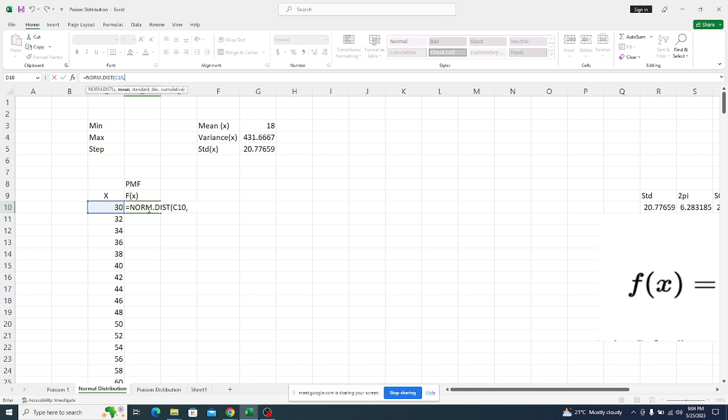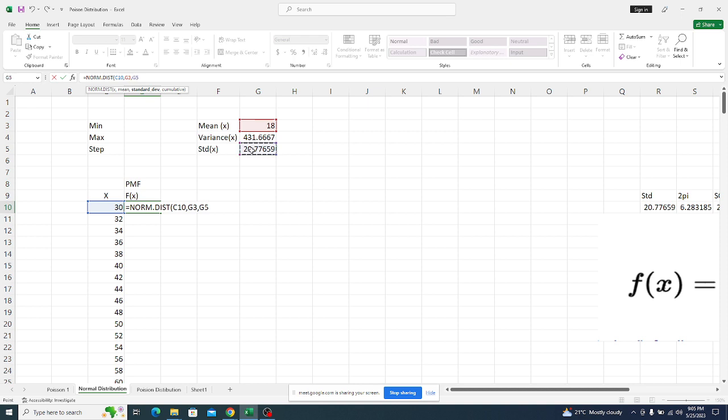So we have the normal distribution. It will give us now the variables which we need to enter. Then we need the value of x, then the mean, so comma the mean, and then comma the standard deviation.